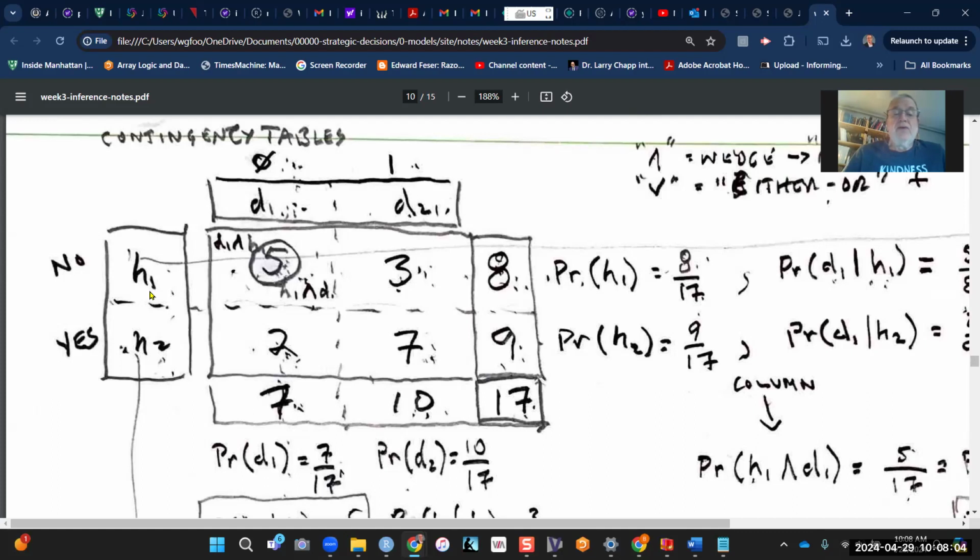We might say, for example, that H1 is 25% of the time we see predation. H2 is 75% of the time we see predation or not. This is another way of doing it. So I've just chosen the simple binary approach, 0, 1, coding it up here.